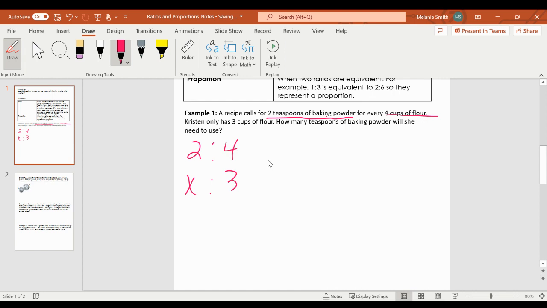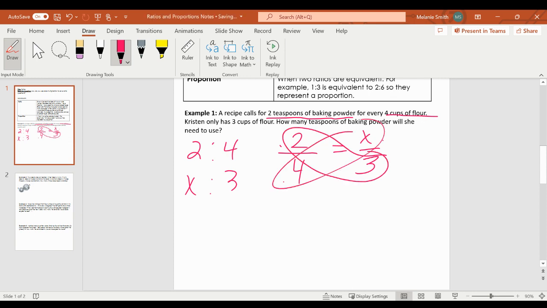So what I can do is set that up as two equivalent fractions. The number of teaspoons goes on the top, the number of cups goes on the bottom, and at this point we just are going to cross multiply. So when I cross multiply 4 and x, I get 4x, and then 2 times 3 is 6.